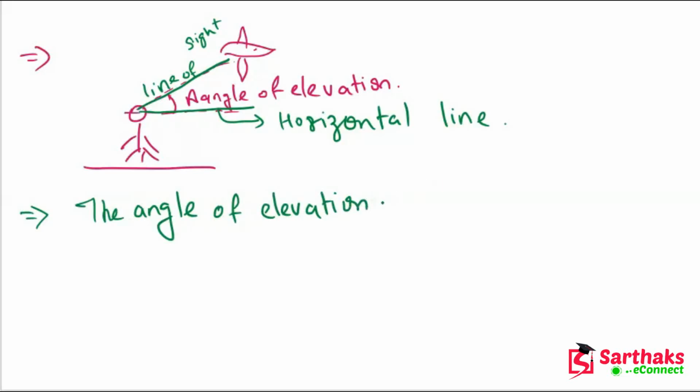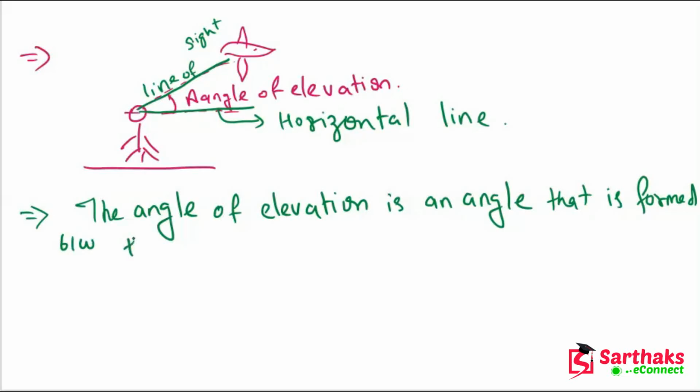The angle of elevation is an angle that is formed between the horizontal line and the line of sight.